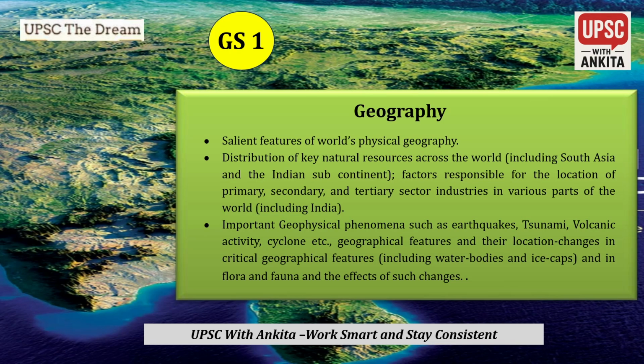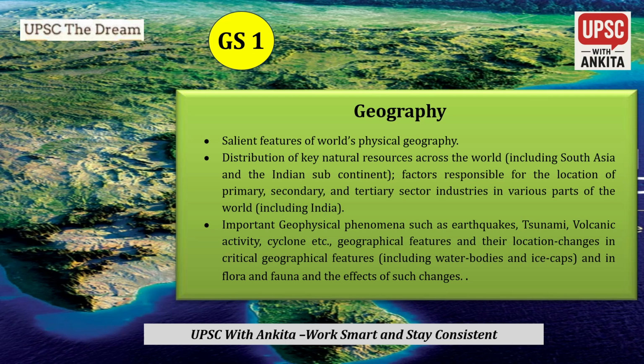Then coming to geography. In geography, the salient features of the world's physical geography, distribution of key natural resources across the world, including South Asia and the Indian subcontinent, the factors responsible for the location of primary, secondary, and tertiary sector industries in various parts of the world, including India, important geophysical phenomena such as earthquake, tsunami, volcanic activity, cyclone, and so on.